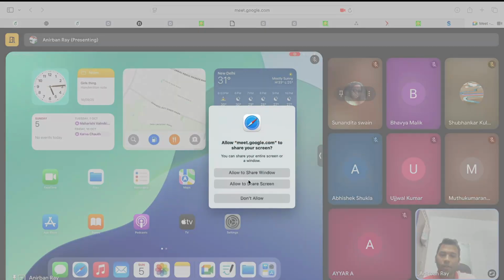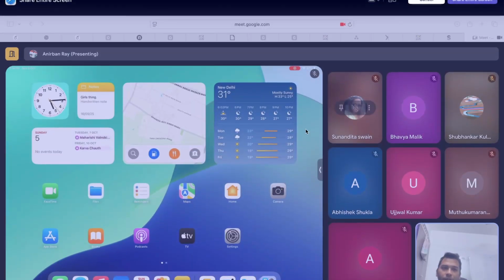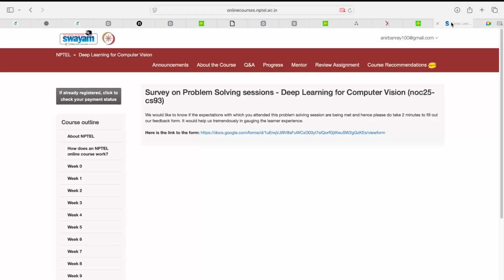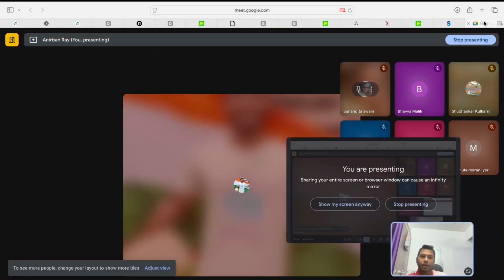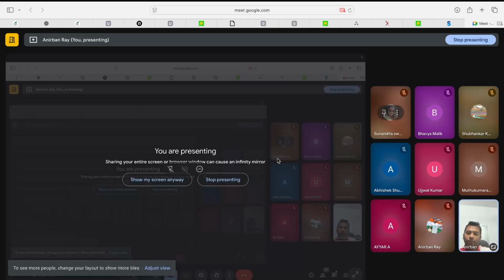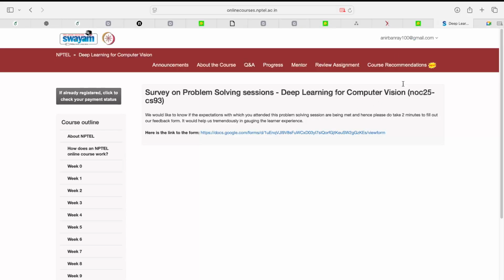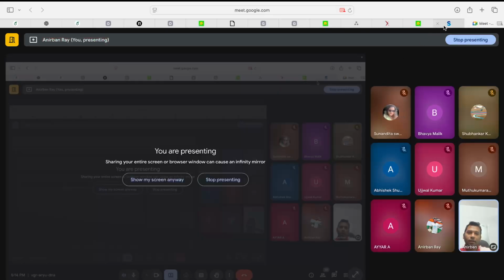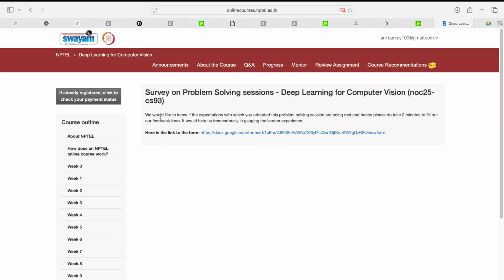I have two devices to teach, so I'm going to present from the other one. I cannot log in on the other one. So you can see right now another screen share from the other login. You can see the survey and problem solving sessions.